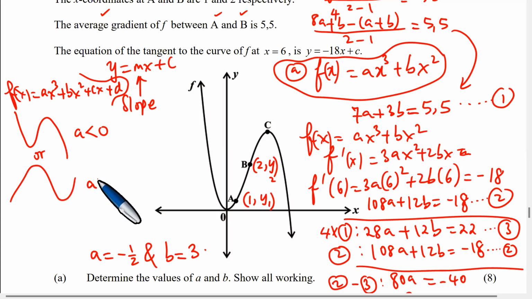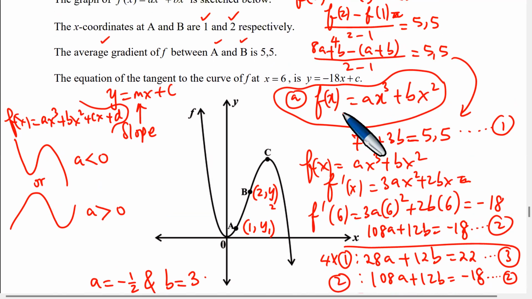If the a here is positive, then you have a minimum vertex. So it follows the pattern of a parabola, because the parabola has a minimum vertex for positive a and a maximum vertex for negative a.